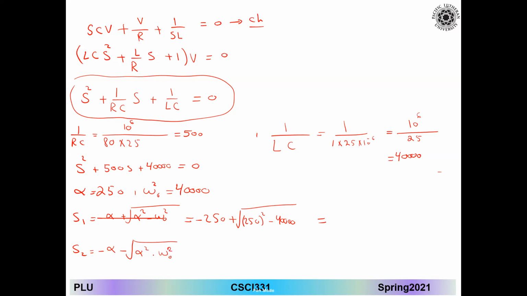Wouldn't it be 16,000? Did you take the root square? Because it's 4 times 40,000. What are you talking about? This one? It'd be under the square root, 250 squared minus 4 times 40,000. How much you got? I haven't got the full answer. I'm just still writing it out. Okay. Then the value that you got 16 or something, take the root square, I think, right?